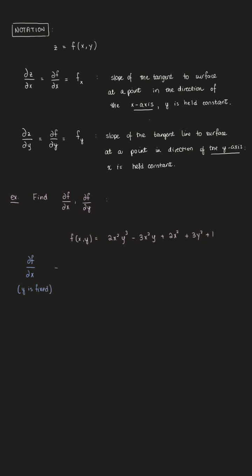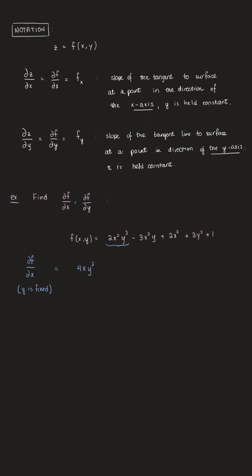Remember, this means that y is fixed, so we treat it like a constant, like a number. It is not changing. So when we take the derivative of this first term, typically if both x and y are changing, then we have to do a product rule. But here y is fixed. It behaves like a numerical value, like a constant. So we differentiate the x squared, so we'll get a 4x using the power rule times y cubed.